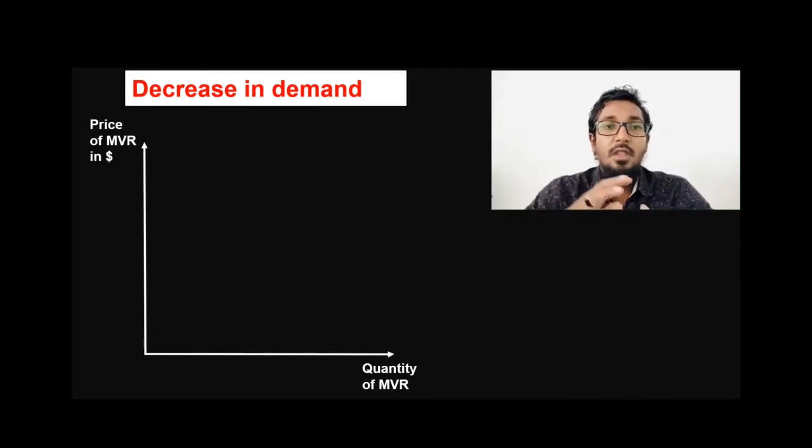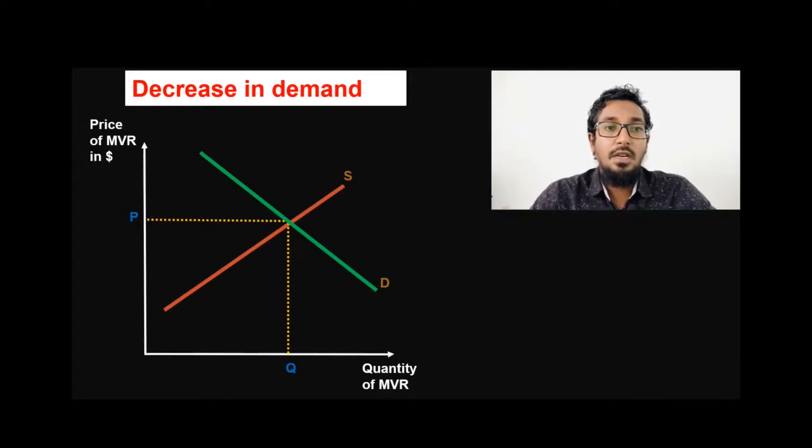Before the changes, the initial floating exchange rate is set at P, that is where demand equals supply, isn't it? So the question: if the demand decreases, to which side will the demand curve shift? Is it right or left? Yes, the demand curve will shift to the left from D to D1, isn't it? So we can say it is an inward shift.